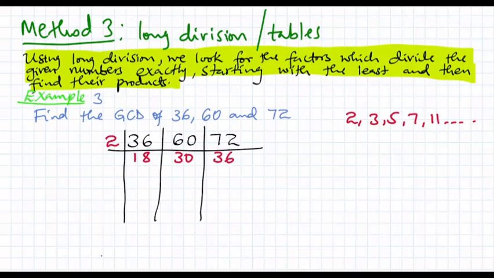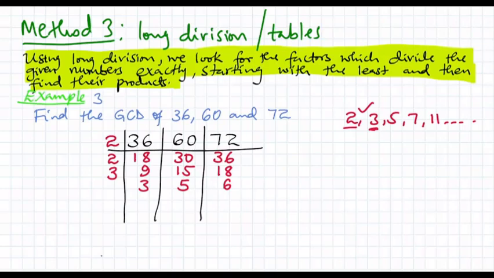Then we move on. These numbers again can be divided by 2. So dividing by 2, I get 9, I get 15, I get 18. Now all of them cannot be divided by 2, so we move to the next prime factor, which is 3. All of them can be divided by 3. So by 3 I get 3, 5, then 6.